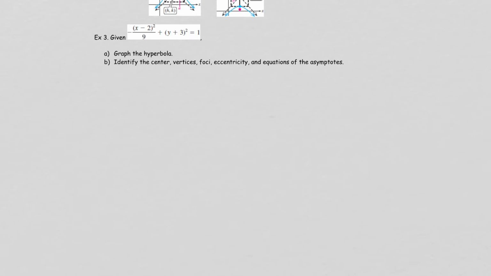When you look at example 3, the first term you have negative, which is x is negative, y is positive. So if you rewrite this as the standard form, you have (y + 3)² over 1 minus (x − 2)² over 9 equals 1.